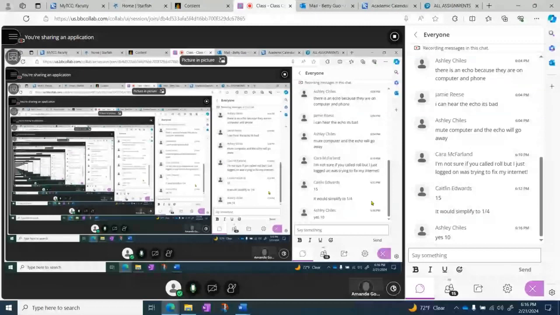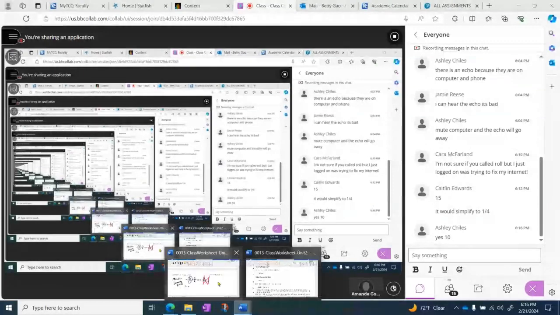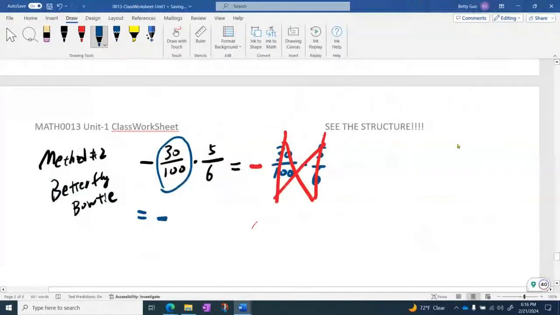Yes, 10. Very good. So we can simplify 30 over 100 to 3 over 10, right? And 3 over 10 is reduced because 3 and 10 are co-prime. 10 is not divisible by 3. So they do not have any common factor except 1. So that's the first step.